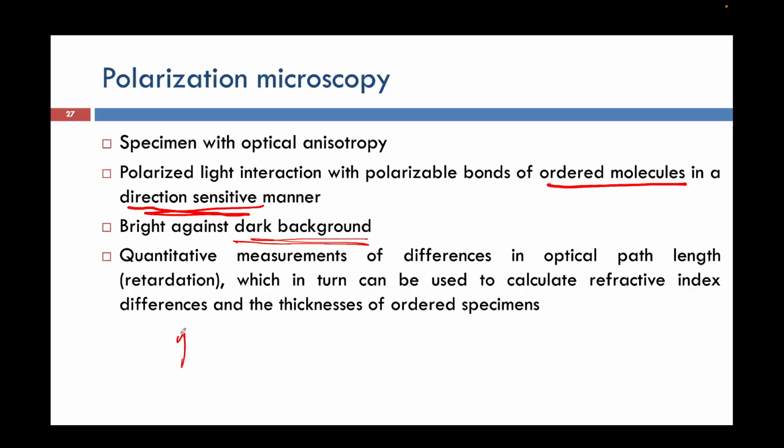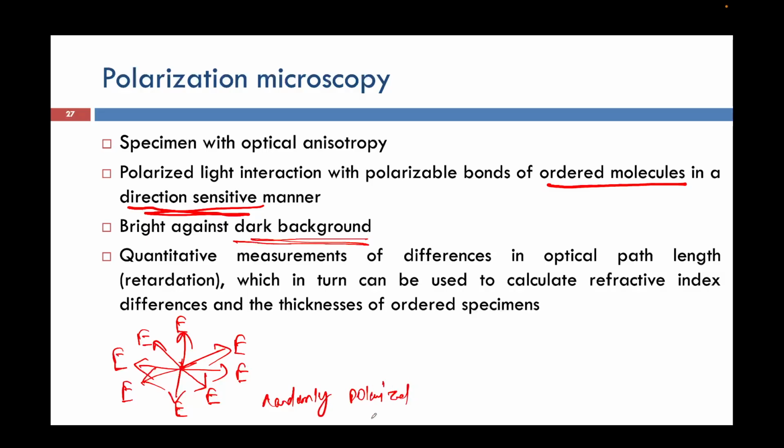So what do I mean by polarized and non-polarized? Let's say I have some light, this is my incident light, and the E vectors of this incident light are randomly oriented. This is randomly polarized light.